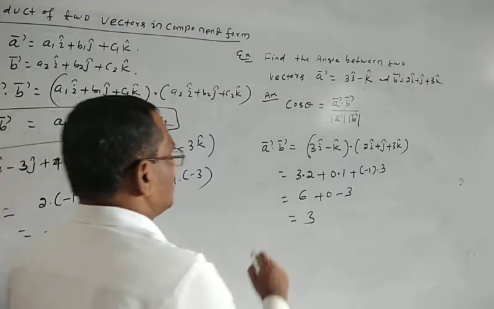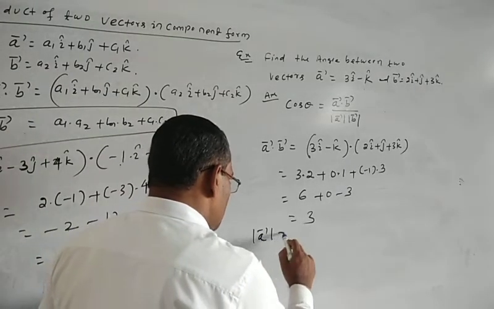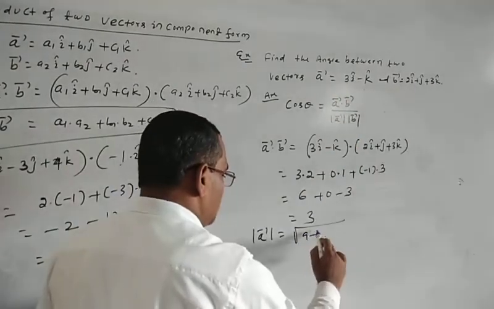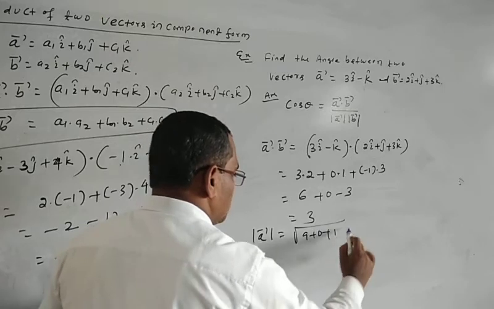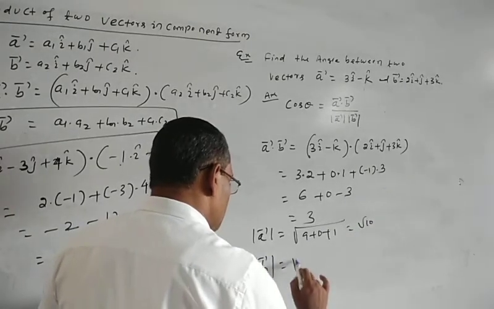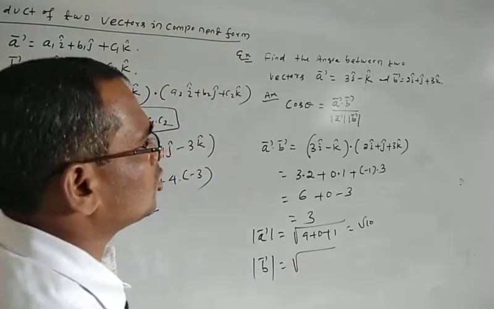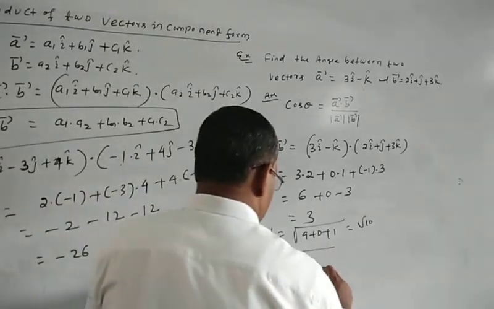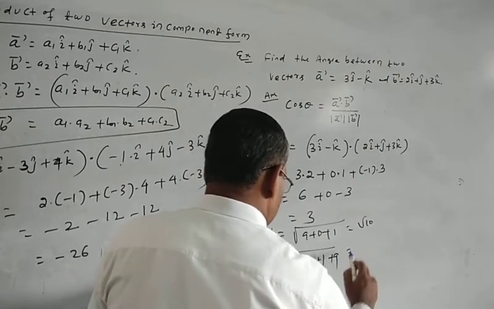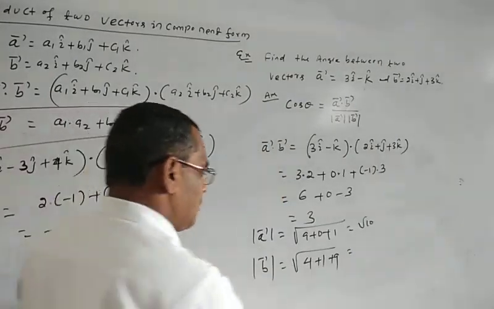Now what is a vector magnitude? A vector magnitude is equal to root of 3 square, 9, plus 0 plus 1, this is equal to root 10. And b vector magnitude is equal to root of 2 square, 4, plus 1 plus 9, so this is equal to root 14.